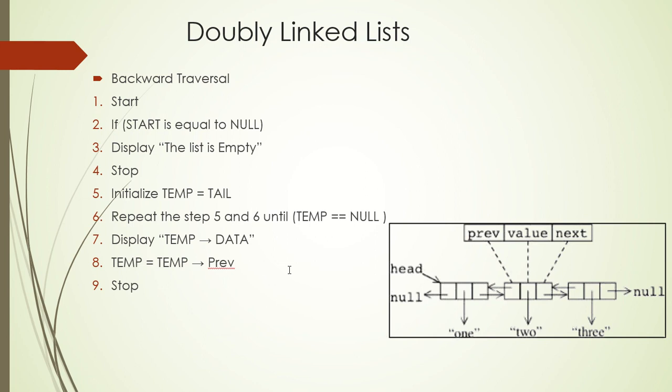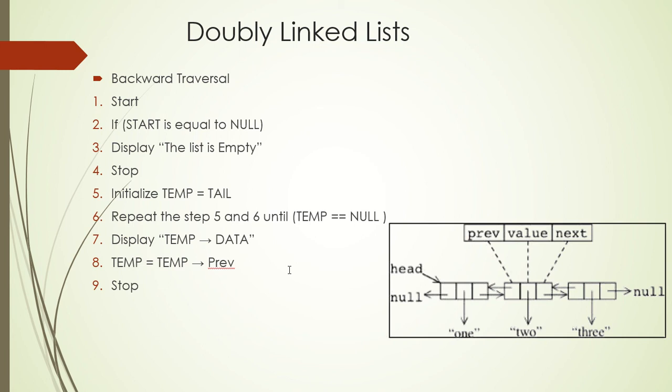If this is not known already, then you have to travel till the end of the list, just like we travel for the forward traversal, find out the address of the last node, and mark it as tail.